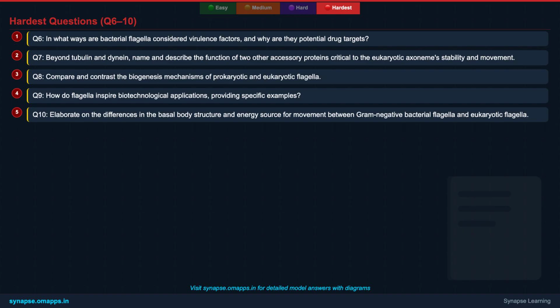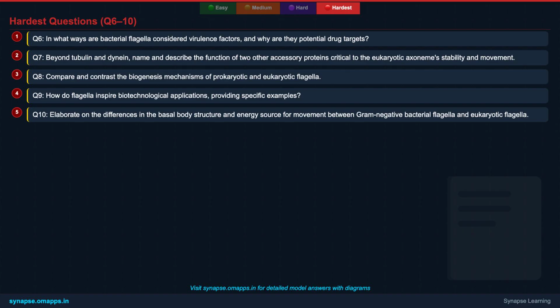Question 6. In what ways are bacterial flagella considered virulence factors, and why are they potential drug targets? Question 7. Beyond tubulin and dynein, name and describe the function of 2 other accessory proteins critical to the eukaryotic axoneme's stability and movement. Question 8. Compare and contrast the biogenesis mechanisms of prokaryotic and eukaryotic flagella.